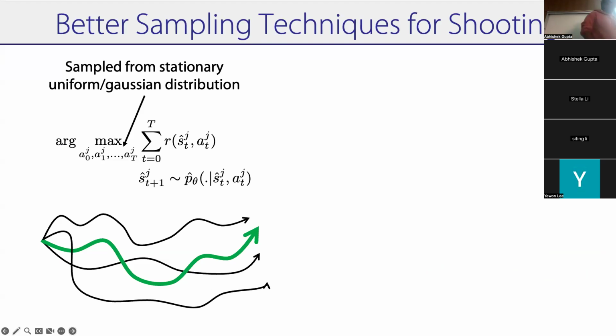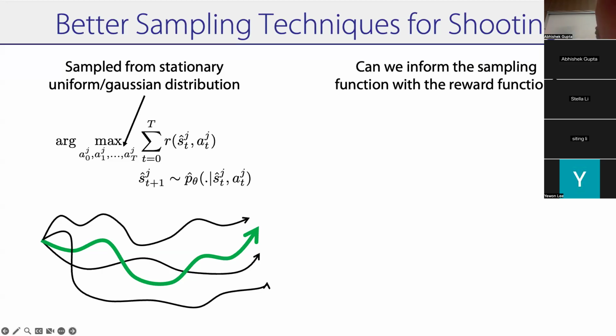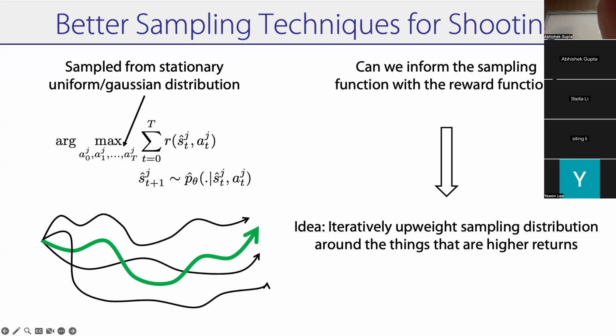It's kind of like when you're doing beam search in an LLM, where you can also choose what distribution you're sampling from. In robotics you'd often sample from a uniform. Instead, we're going to inform our sampling distribution with our returns. If you go read the paper, it's extremely dense, but here's the vibes that I got: try to reweight your sampling distribution to have higher likelihood around the things that have higher returns.